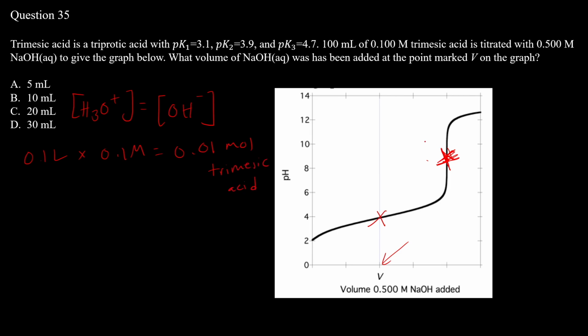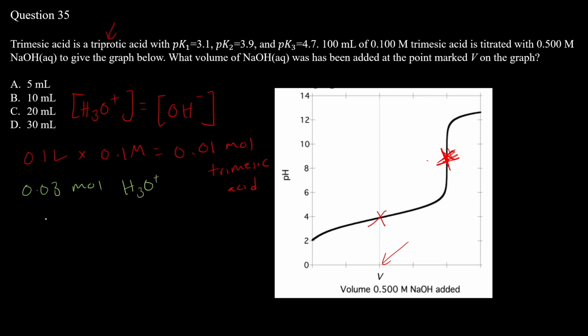But that's not the whole story. Remember, trimesic acid is a triprotic acid, meaning it has 3 of those hydrogens on it. So if you have 0.01 moles of trimesic acid, then you have 0.03 moles of your hydronium, H3O plus.